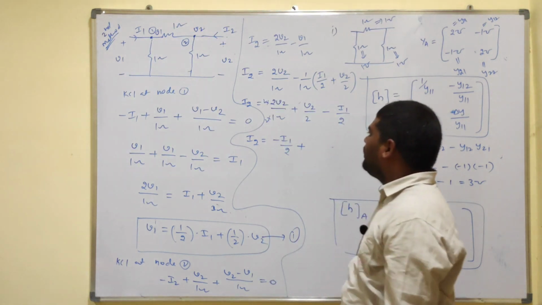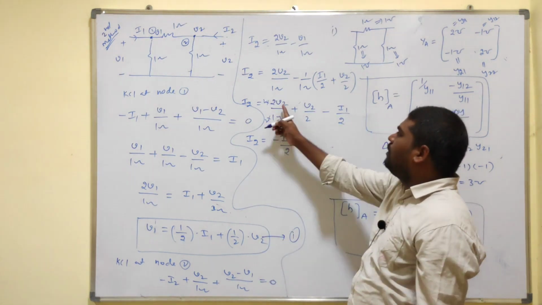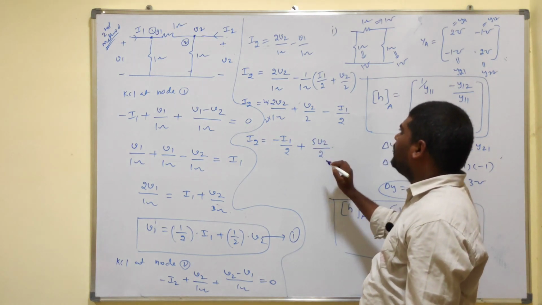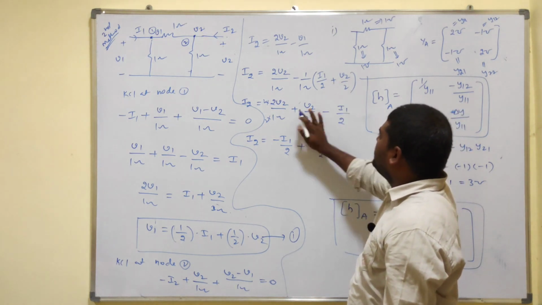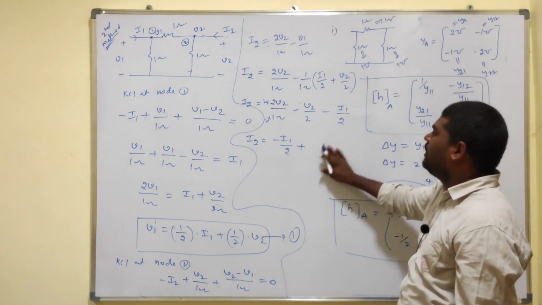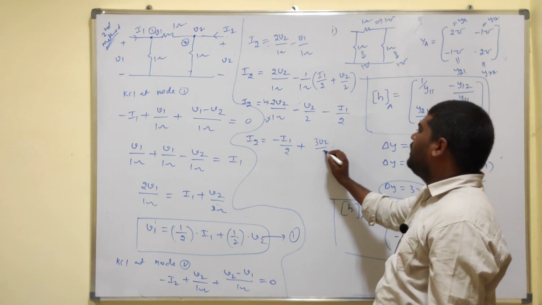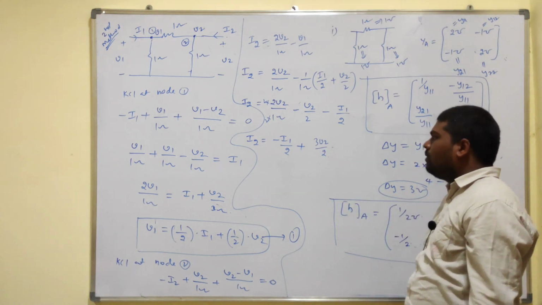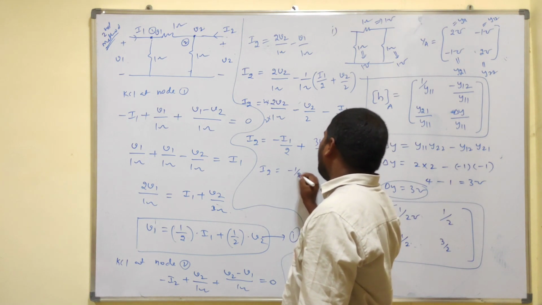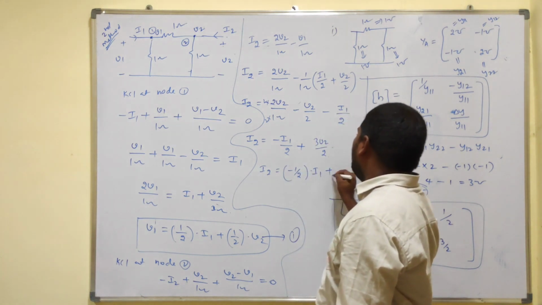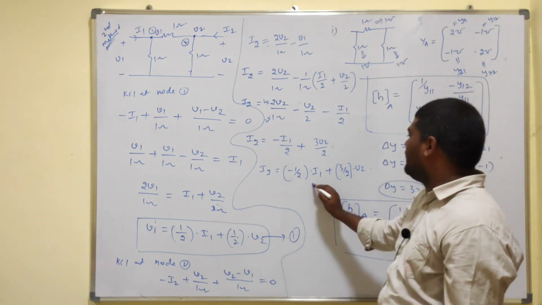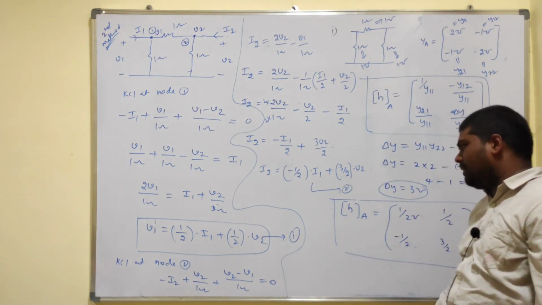So 4 minus 1, sorry, this is minus V2 by 2, so 4 minus 1 means obviously you will get 3V2 by 2. Now I2 equals minus 1 by 2 into I1 plus 3 by 2 into V2. This is expression 2, equation 2.